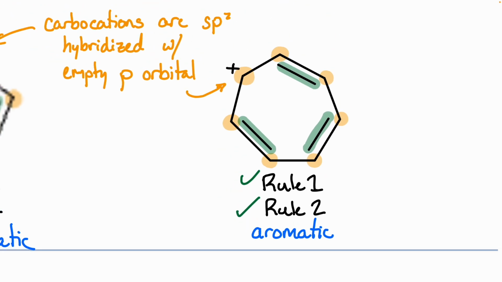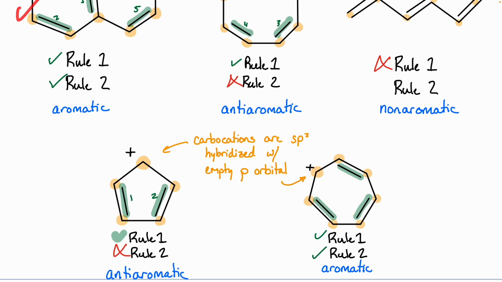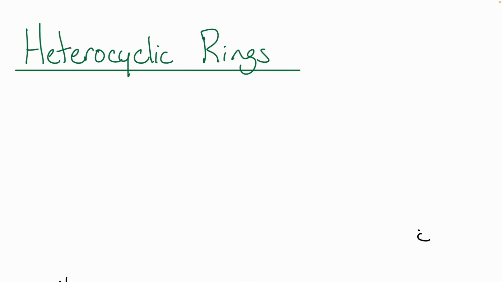All right, so we got our neutral compound examples that we did. Now we know how to deal with positively charged carbocations. All right, the last one we're going to talk about are heterocyclic rings. A heterocyclic ring is a ring containing a heteroatom.